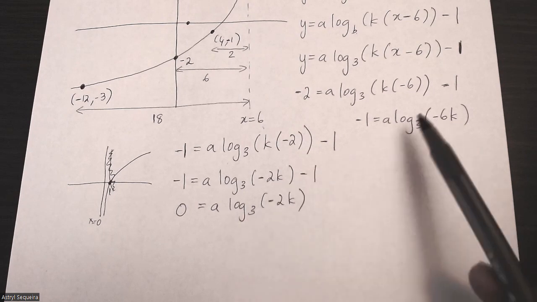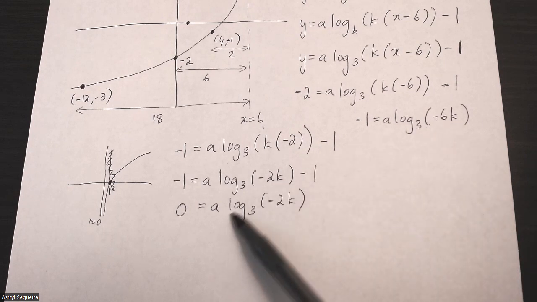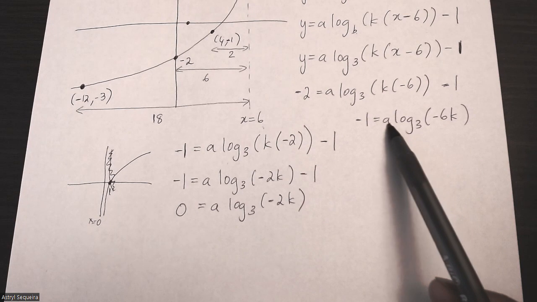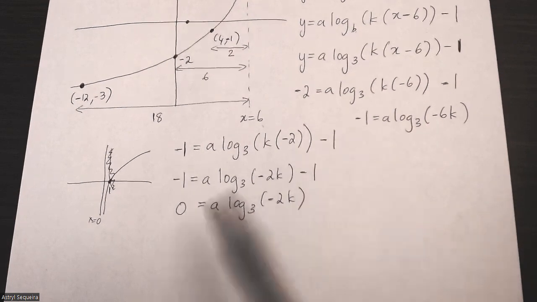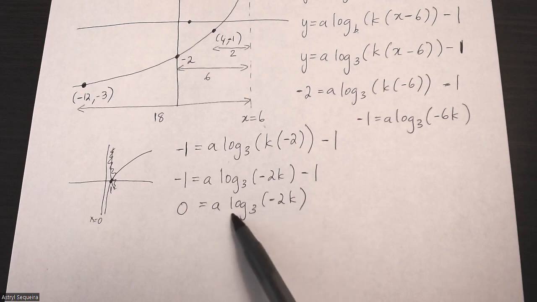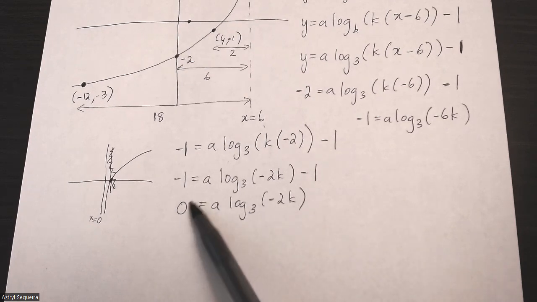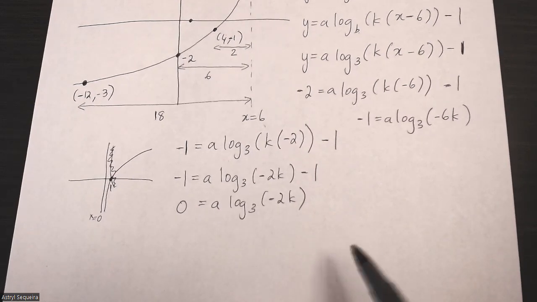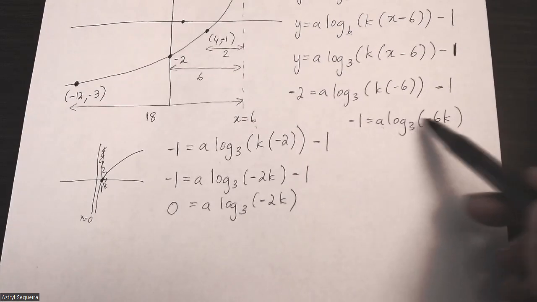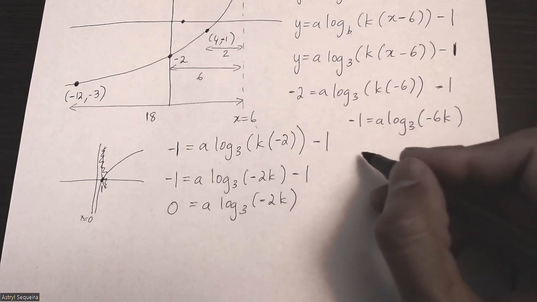For me, the easiest variable to isolate would be the a over here because I can just divide this on the other side. In this case, I can't isolate a over here because if I divide this on the other side, you can't divide 0 by this. It'll just disappear and then you won't be able to solve this. I'm going to divide this on this side here to isolate for a.